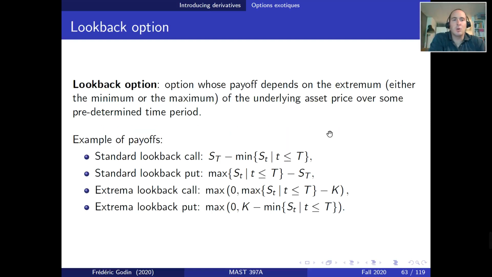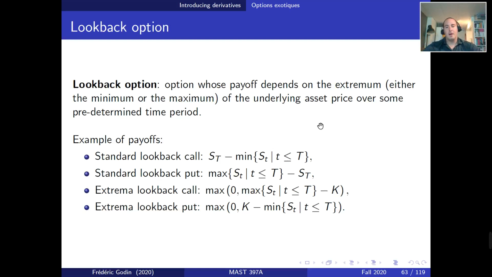We have also look-back options. We talked about Asian options, which involve the average price of the underlying asset across some period of time, while look-back options depend on the extremum of the underlying asset price instead of the average over some period. Extremum is either a minimum or maximum.